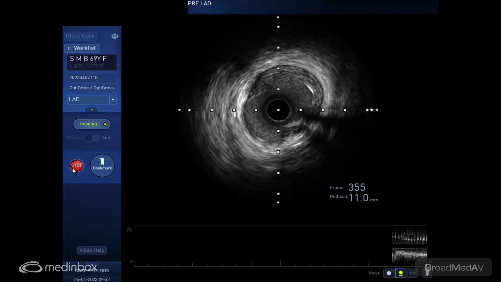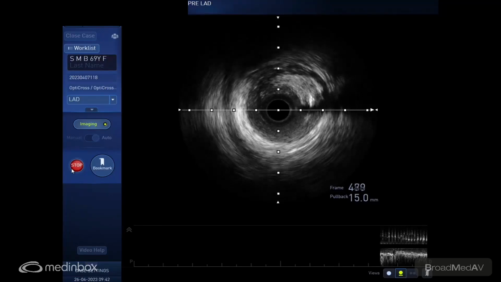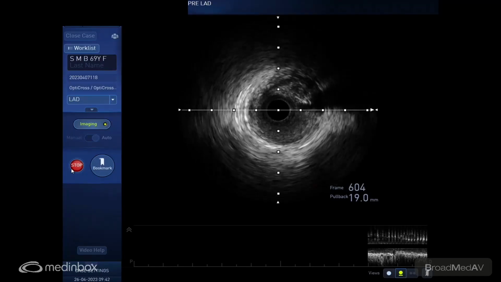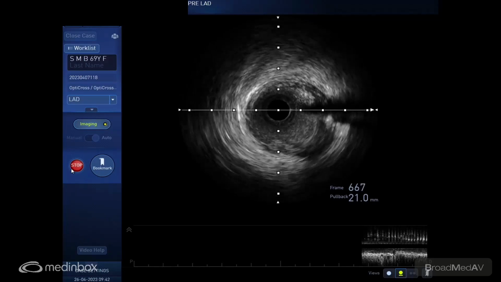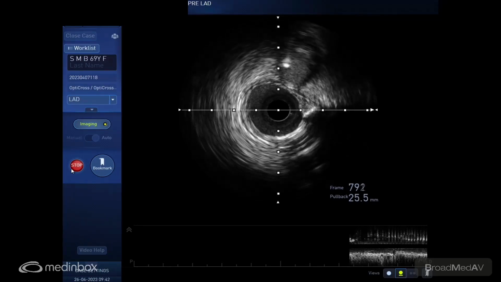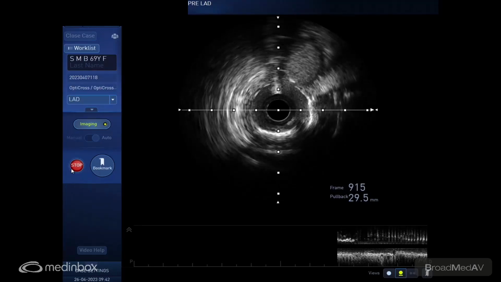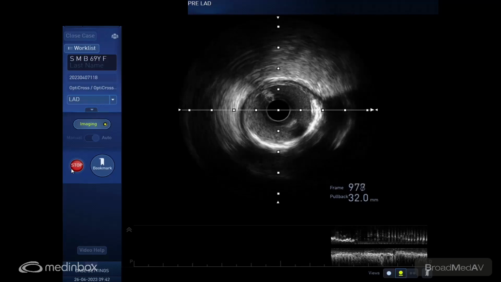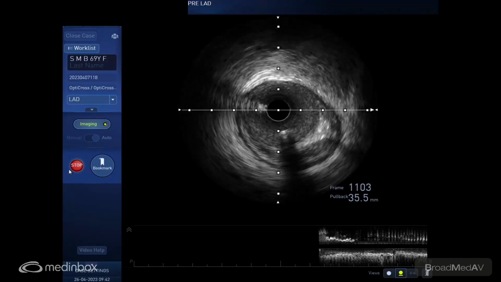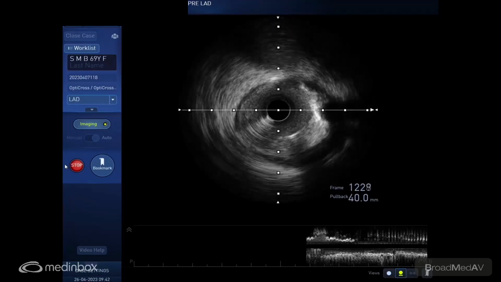at the mid LAD, there's one diagonal which is septal. Now you can notice some sort of calcified vessel along with fibrotic stenosis. This is the diagonal, the lower diagonal. And over here, if you can notice, it's probably a 180-degree arc of calcium, and beyond which is good.